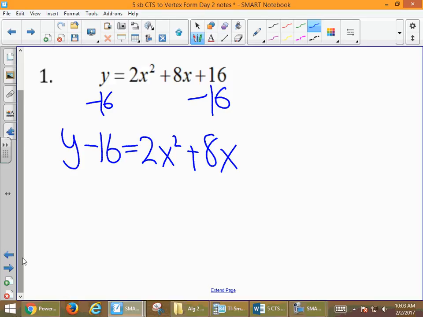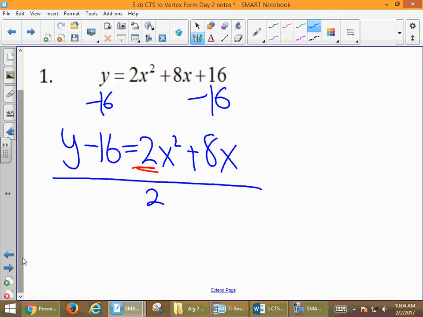And now here's the new step that we're adding in today. We need to remember that our a, our leading coefficient, has to be 1. So in order to turn it into 1, we're going to divide the whole thing by that leading coefficient. In this case, it's 2, so we're going to divide the whole problem by 2.